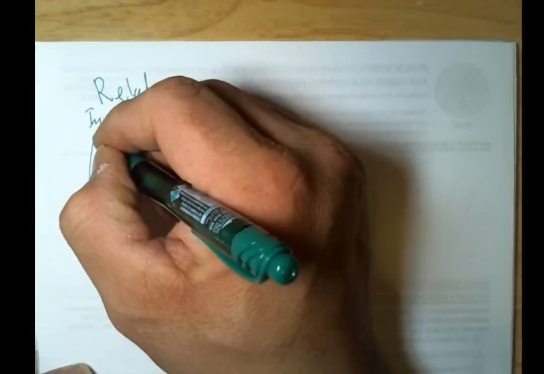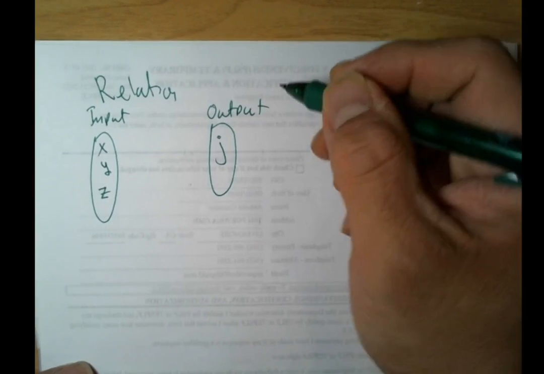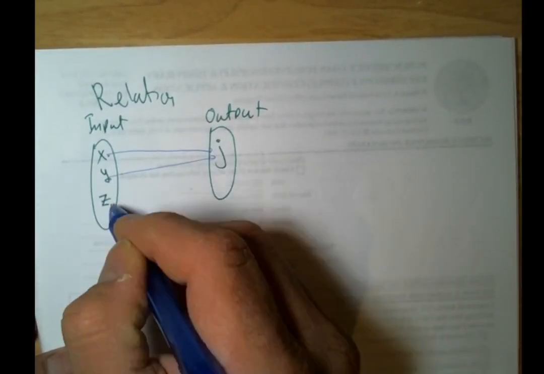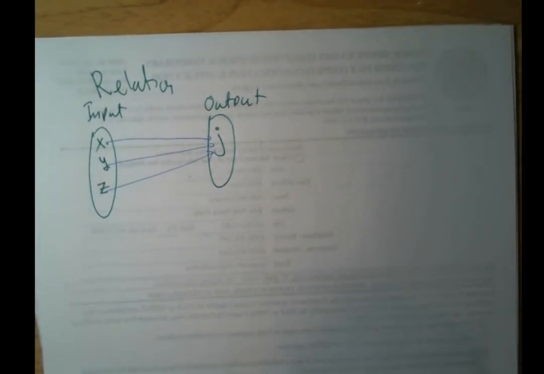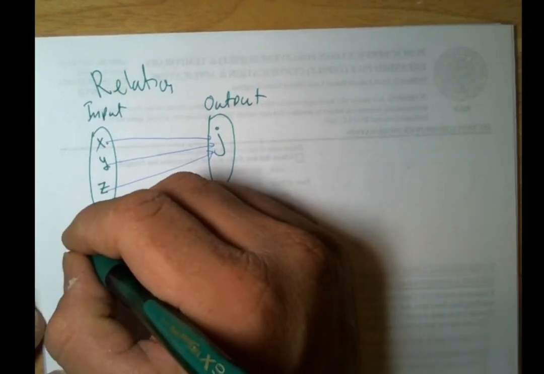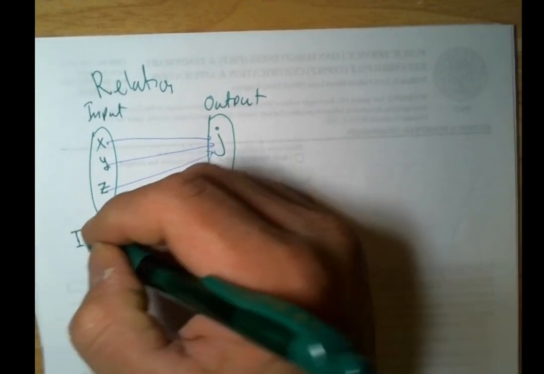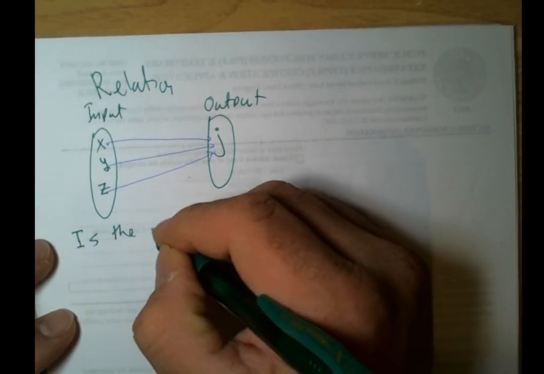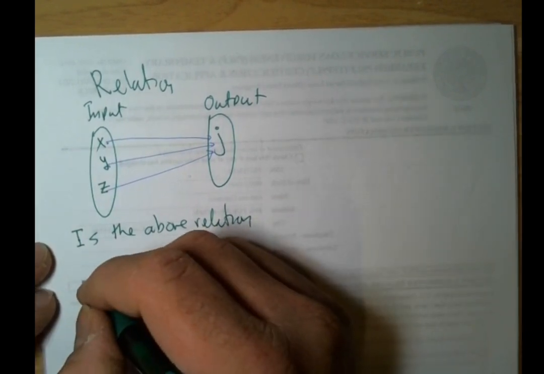Again, let's do x, y, z, and let's say we had just one output, j. And we want to ask ourselves the same question: is the above relation a function?